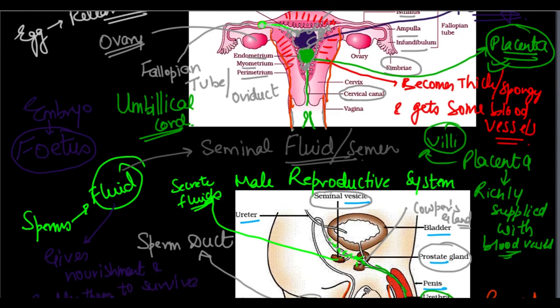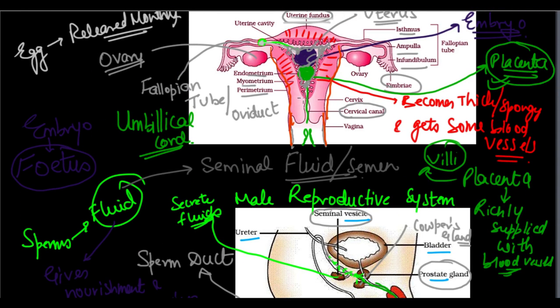So due to the rhythmic contraction, the baby is finally taken out of the mother's uterus, because now this opens up. The baby is taken out of the uterus through the vagina out of the body, and this is how the baby is born.